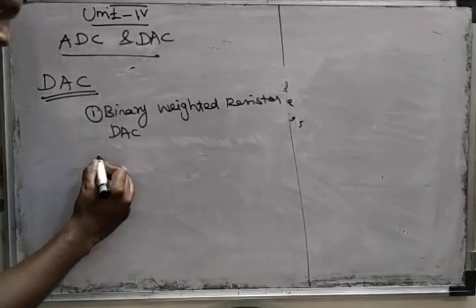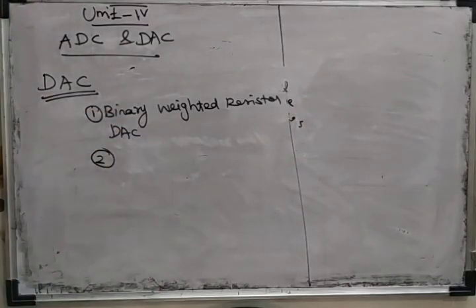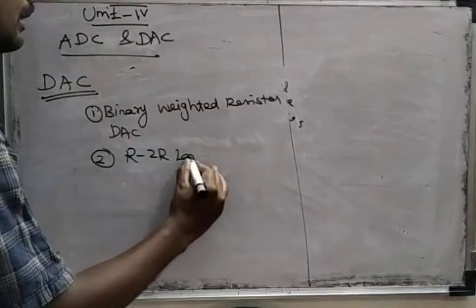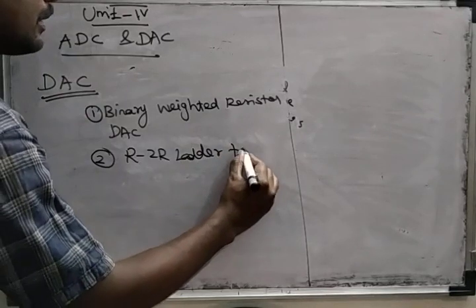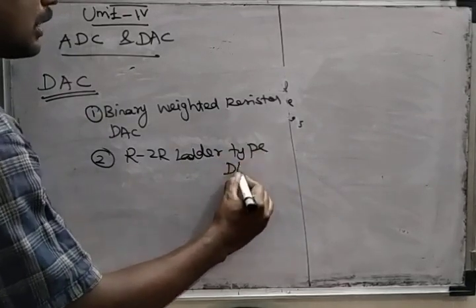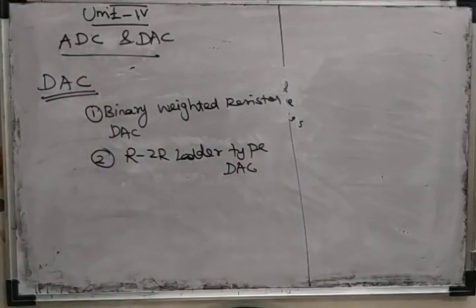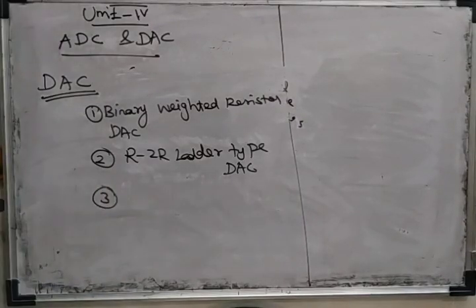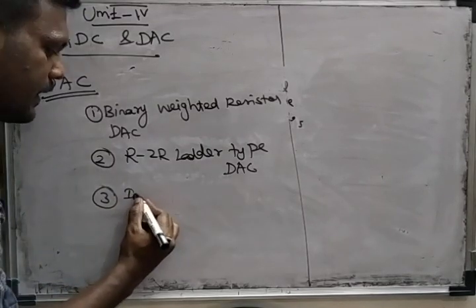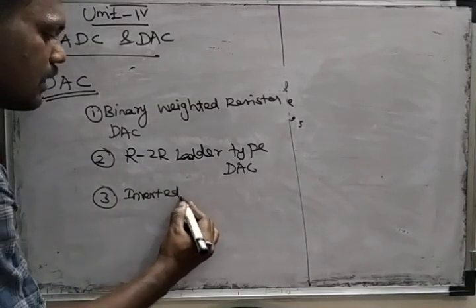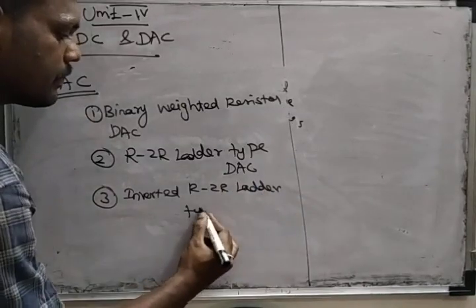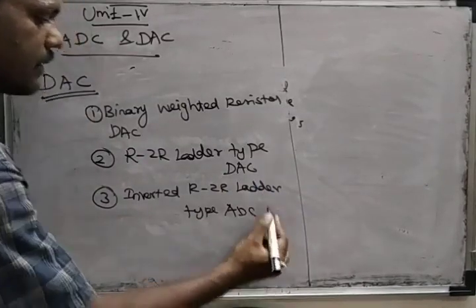Then we will see R-2R ladder type digital to analog converter, and third, we will see inverted R-2R ladder type ADC.